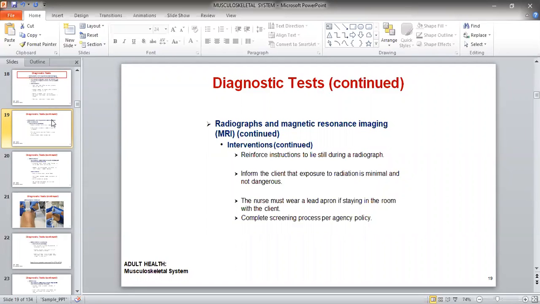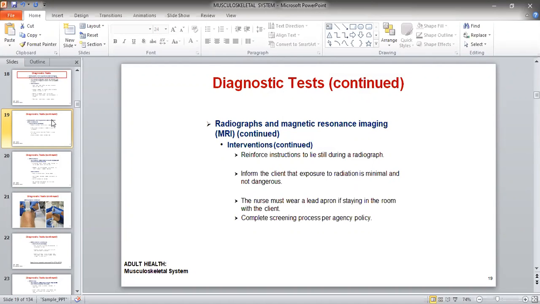Inform the client that exposure to radiation is minimal for diagnostic purposes and is not dangerous, because some patients have a phobia that too much exposure to radiation can cause cancer, but it is very minimal for diagnostic purposes and not bad for the patient.